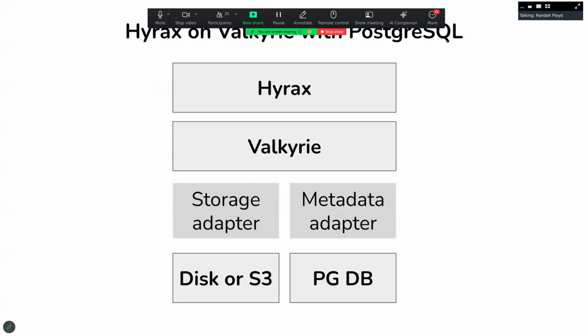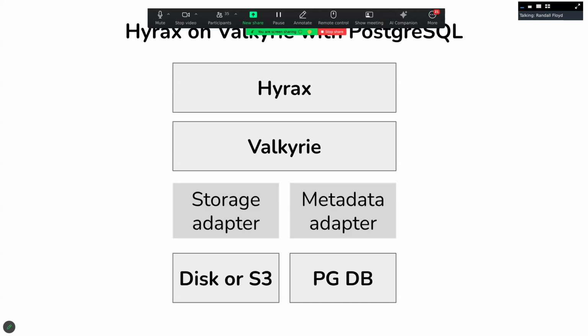In its simplest, most performant form, if you're doing Hyrax on Valkyrie with, say, Postgres, your metadata adapter is Postgres, and you're probably doing something very POSIX-like for your storage adapter, be it the easy-to-configure disk option or the easy-to-configure S3 option.